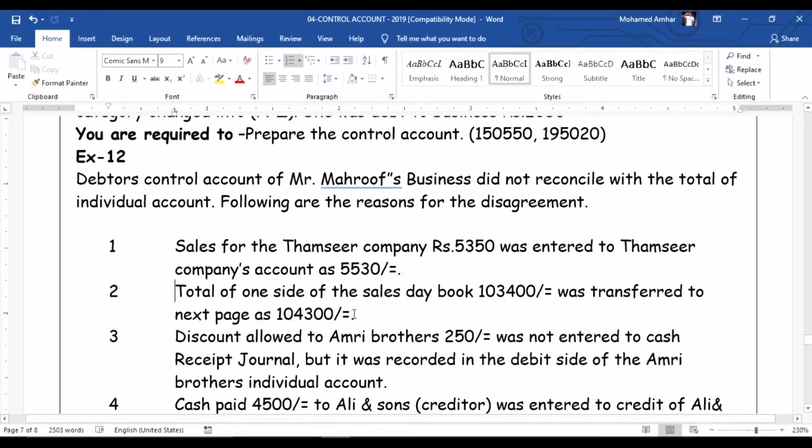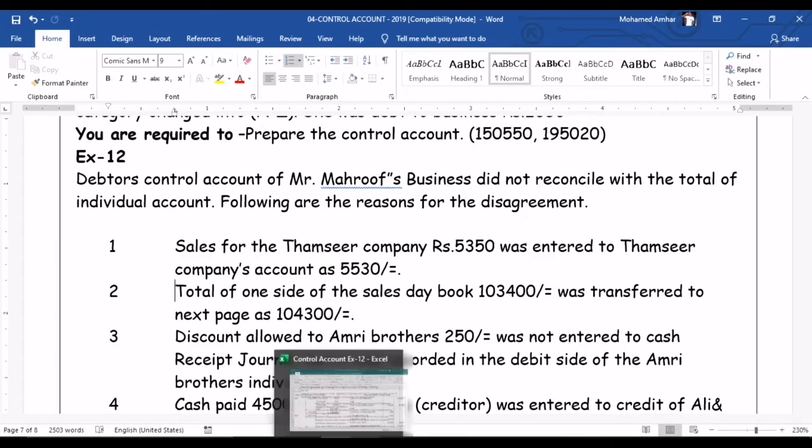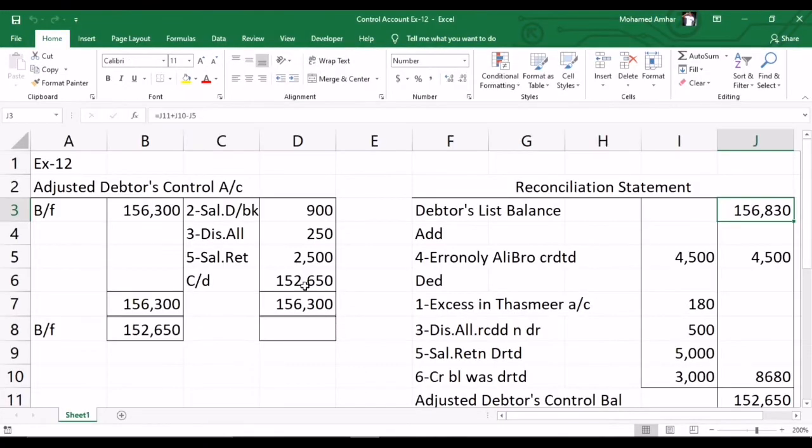So the total of the sales day book is 900 more. Thereby the debtors control account debit side gets 900 more. So to correct it, you have to credit the adjusted debtors control account by 900.